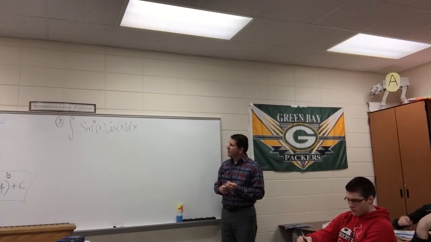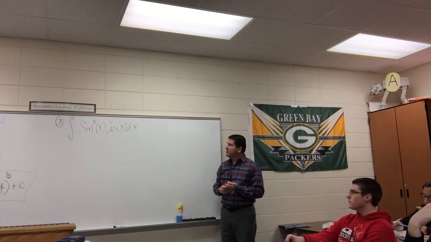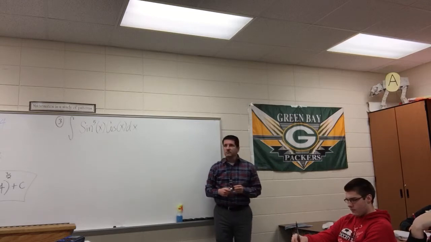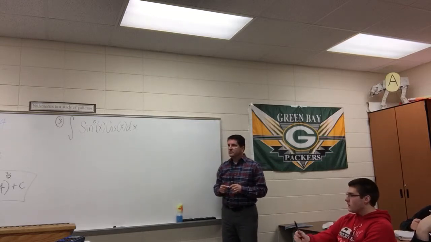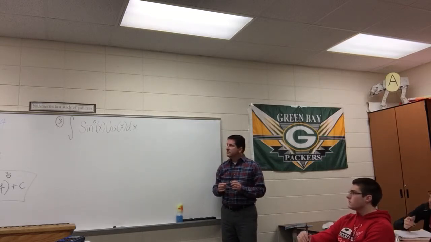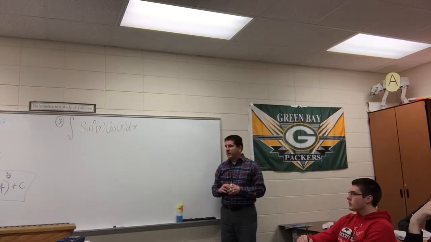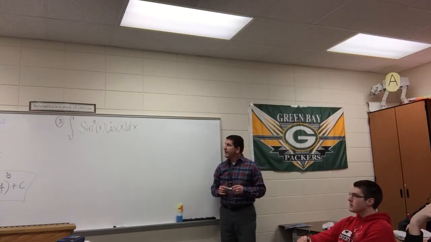Integral of sine to the 5th power of x times the cosine of x dx. Without the tool of the U substitution, this would be impossible. So that's why this is a good new tool for us to have.